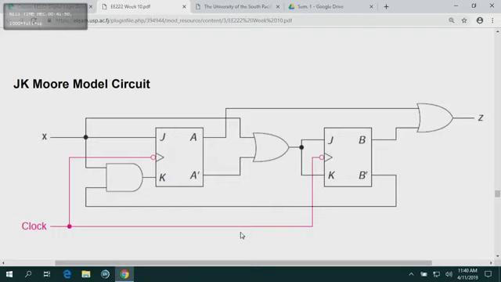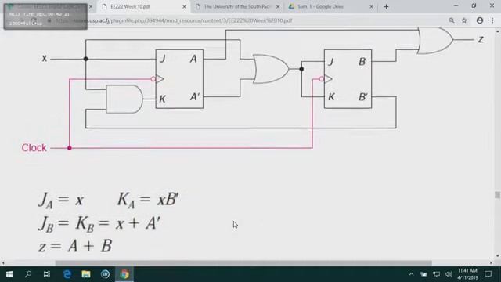And KB is equal to the same answer, X or A bar. What is Z equal to? The final thing is Z. Not only are we looking at the inputs and outputs of the system, we are looking at Z as well. Z is equal to A or B.